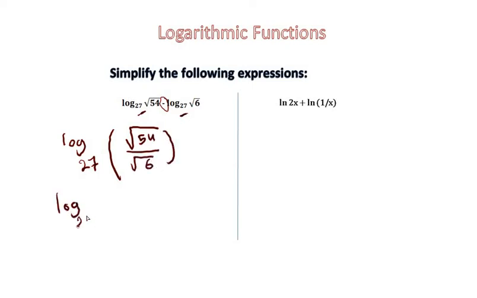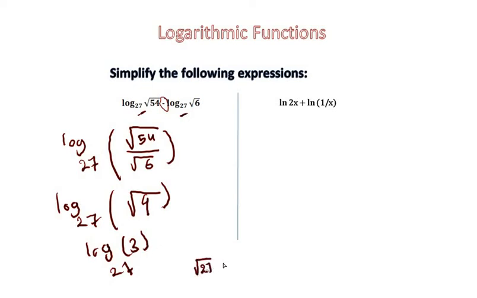This is log base 27 of the square root of 54 over 6, which is 9. Square root of 9 is 3. So this is log base 27 of 3. The cube root of 27 equals 3. So the answer here is 1 over 3 because 27 to the power of 1 over 3 equals 3.